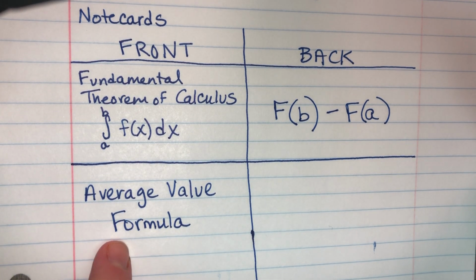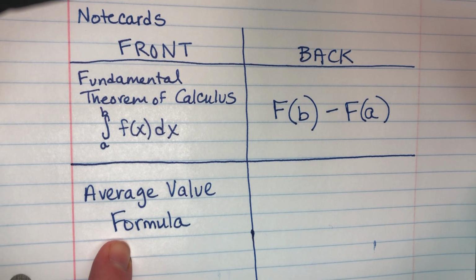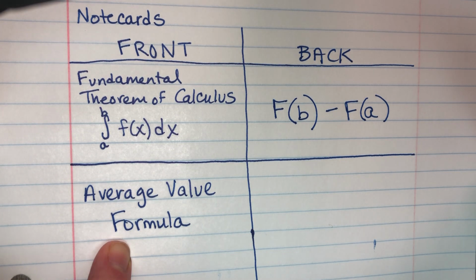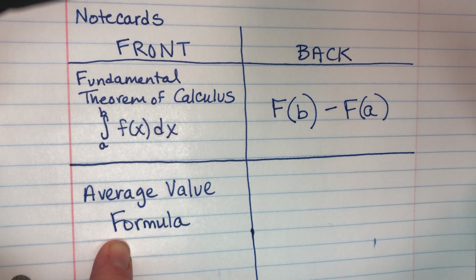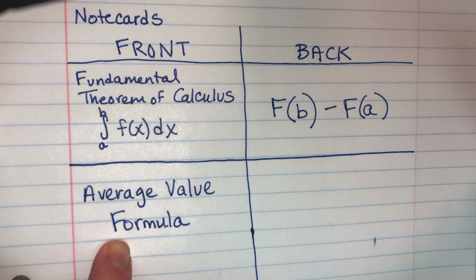Well, this formula can be used to find the average of any quantity that you have an equation for over time, like say average temperature or average distance or average cost, whatever you can write an equation for.